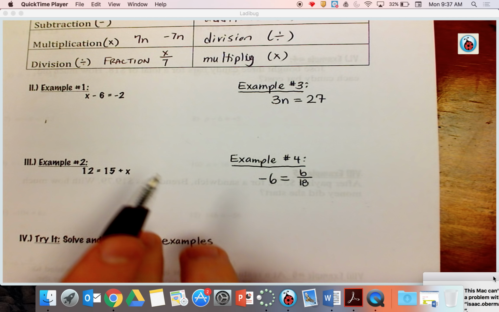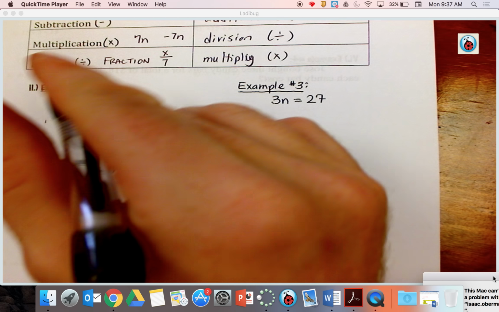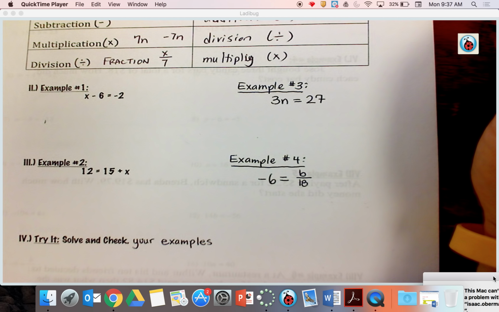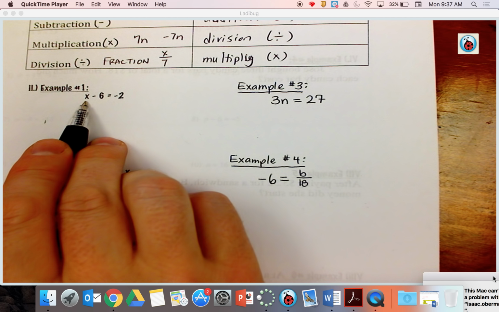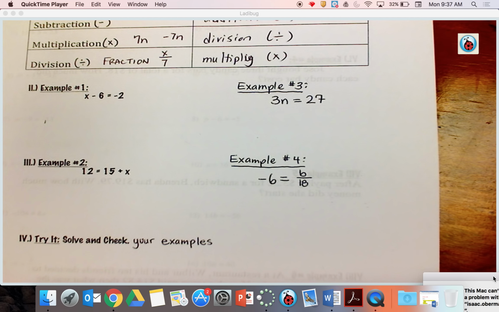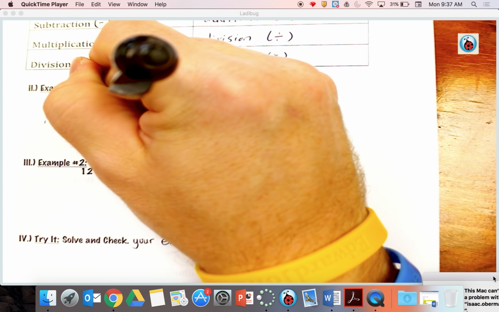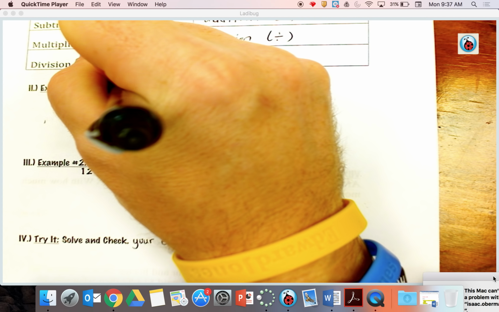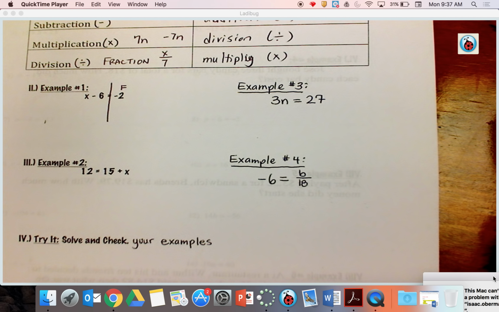So if I take a look at my first example, I need to identify the parts in my equation. I have an x, taking away a 6, is going to give me a negative 2. To solve that, I have to make sure my balance is safe. So I'm going to draw my line straight down and label these. What it equals is the finish.